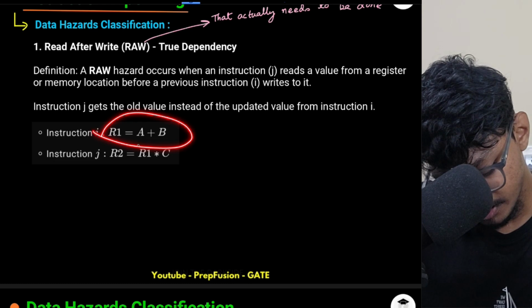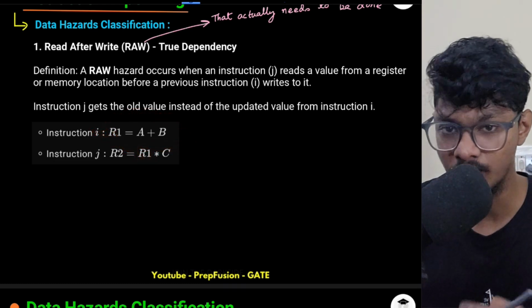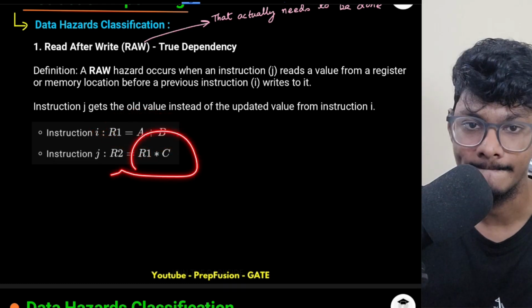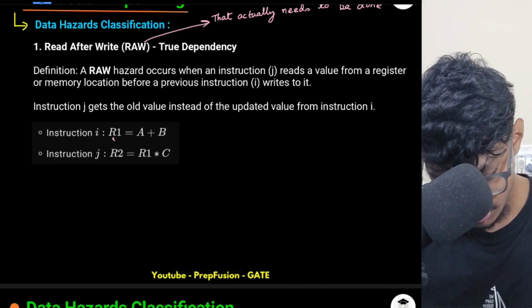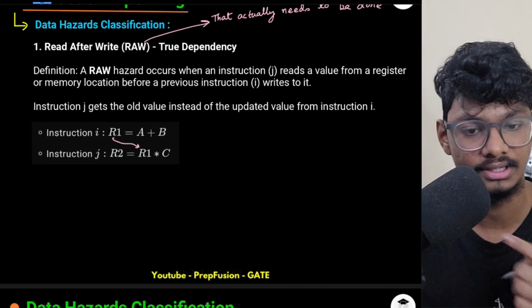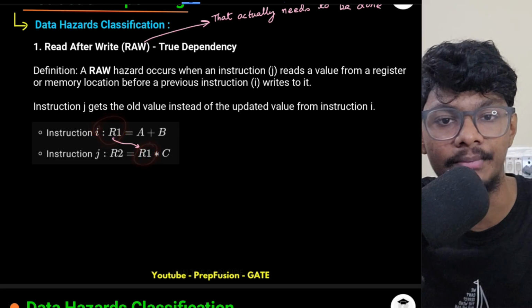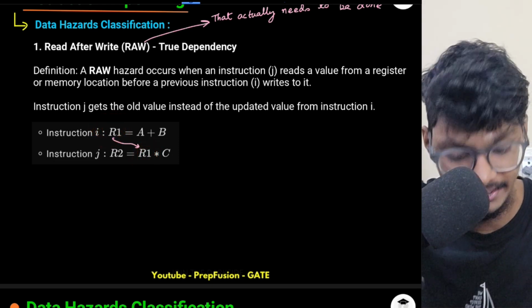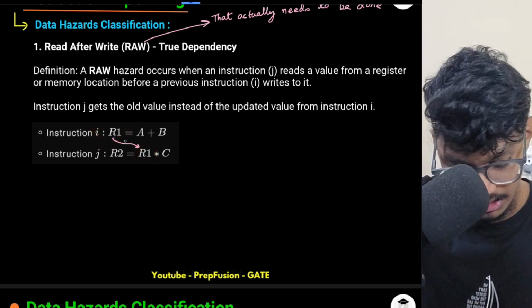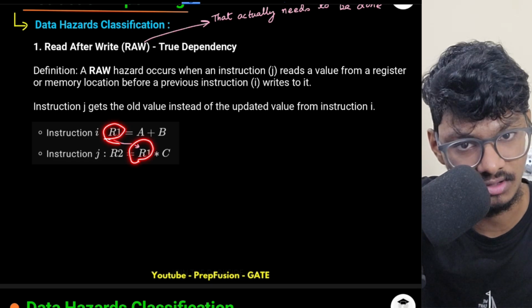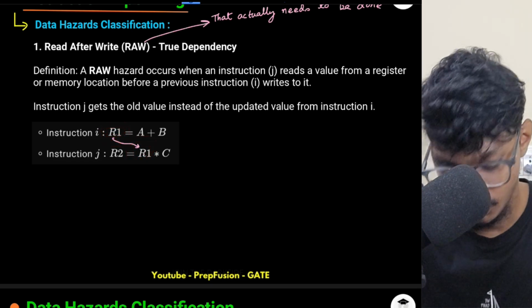But before updating the value of R1, I am using this R1. Initially R1 was 0, so I am using that here. There is a dependency between the previous instruction and the current instruction, so I am reading the value of R1 before it gets updated. What I should have actually done is, after writing, read the value of R1, but I am not doing it.